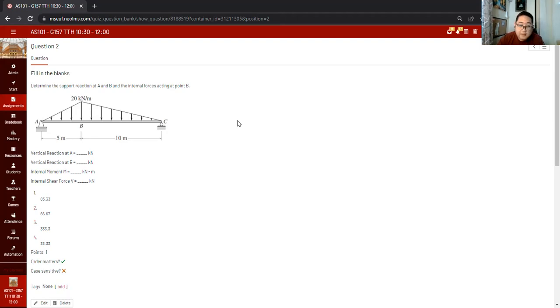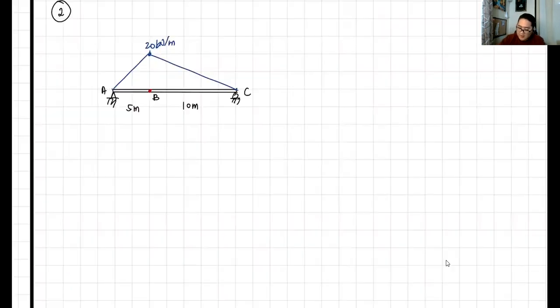So 20 hinge, then roller, we have 20 kilonewton per meter. And at point B yung tinatanong natin. Okay, so let me share lang ulit. Okay, so yan yung ating reaction.